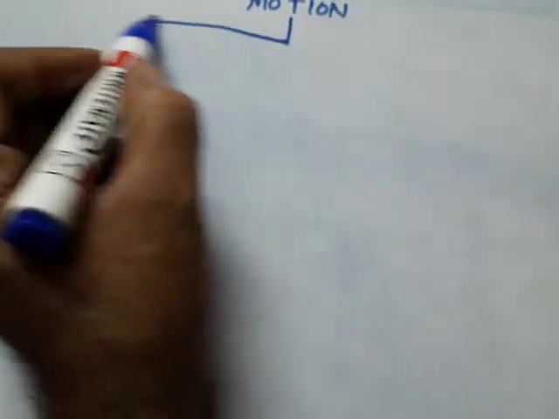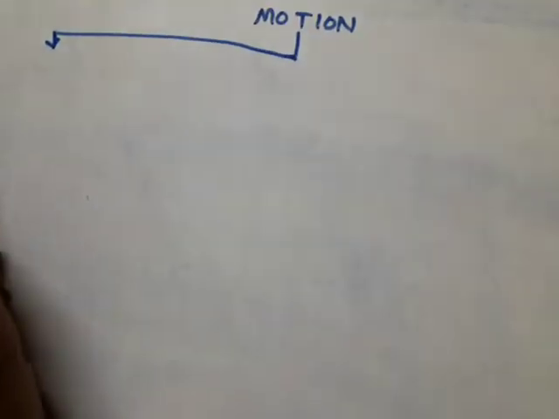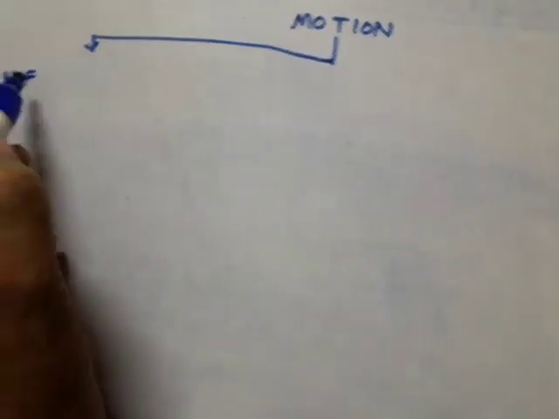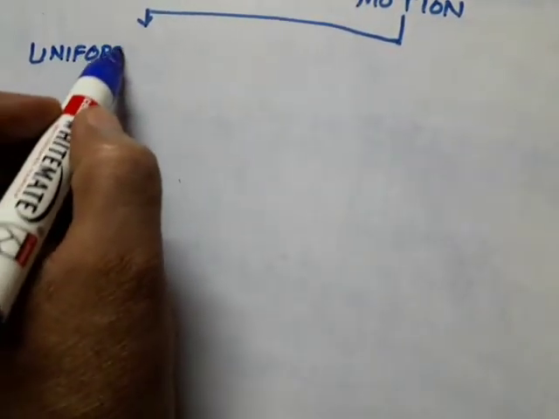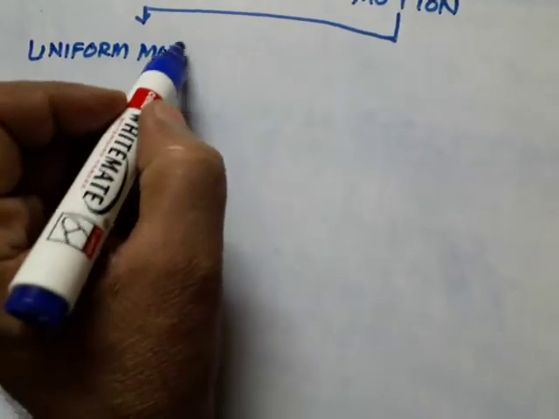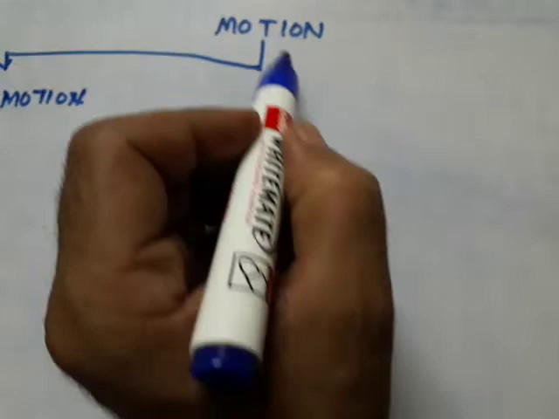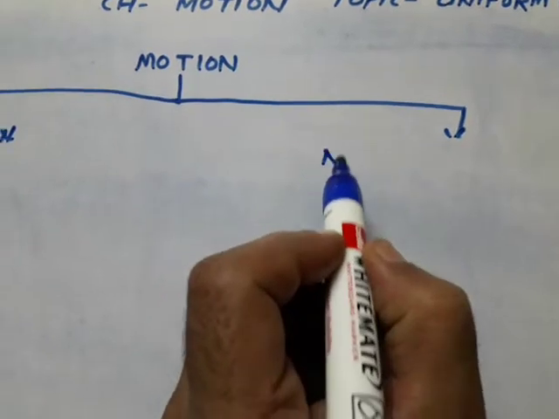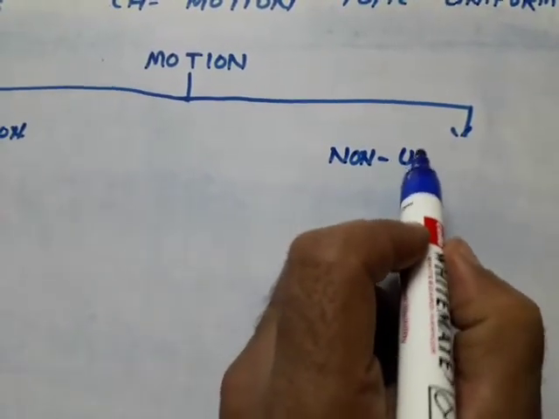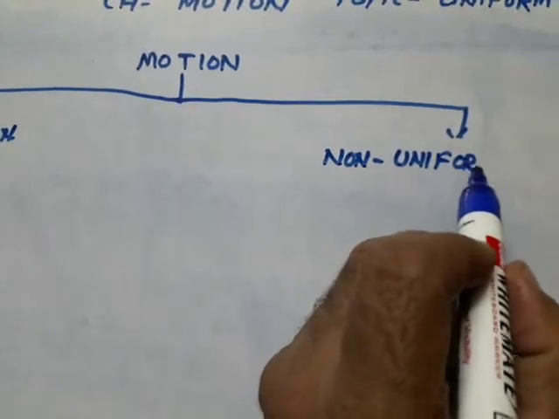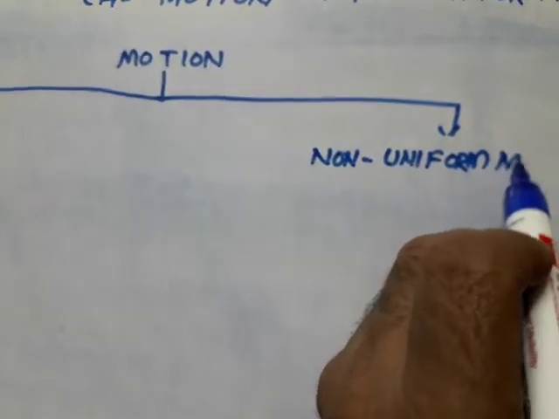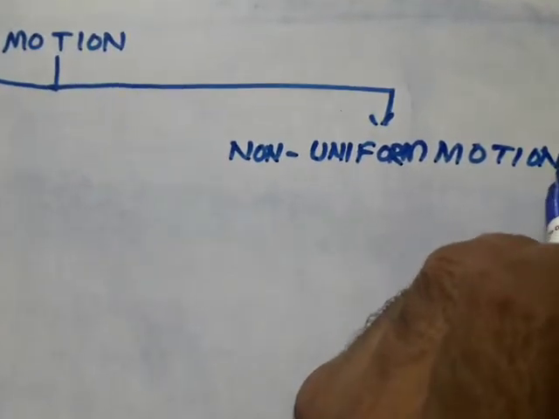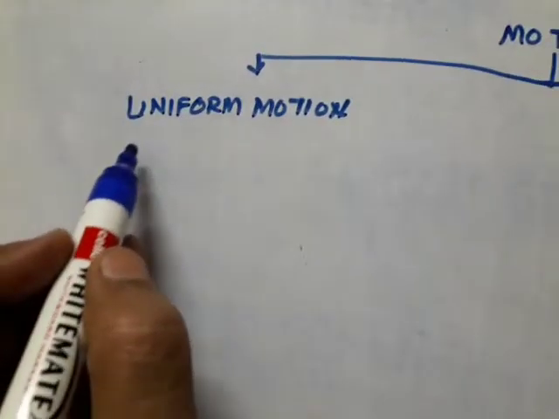Then we classify the motion into one is uniform motion, and the second is non-uniform motion.